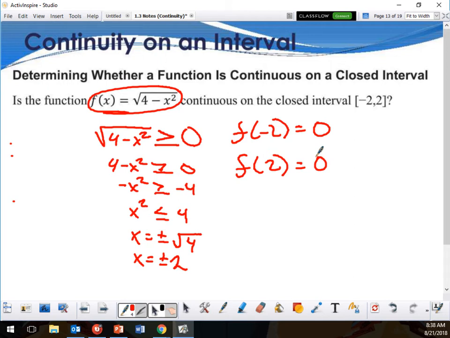Yes, because it's equal to right here; I'm allowed to have those. So this is continuous on a closed interval. If it was an open interval, I would not be able to plug in the endpoints. The endpoints would actually be undefined or something.